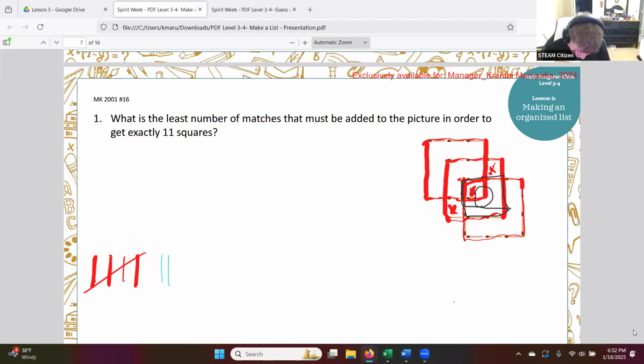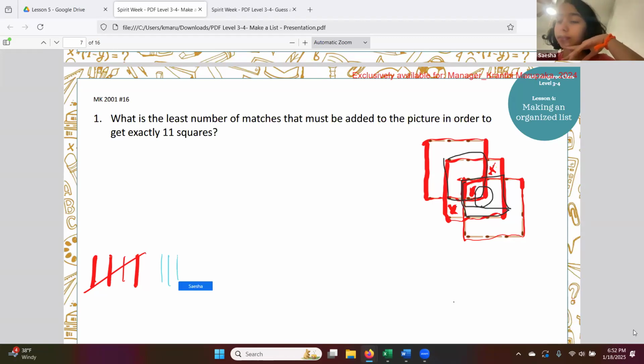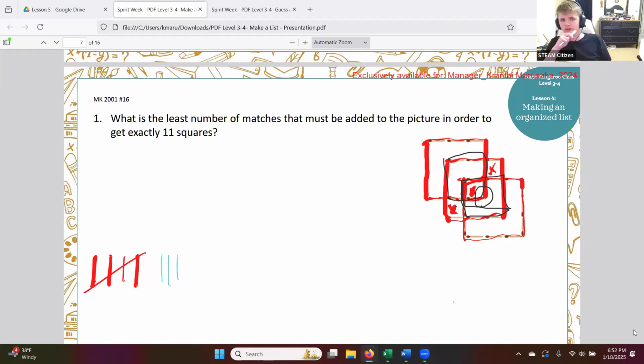All right. If there's one on that side, do you think there's going to be one on the other side as well? Yeah, like over here. Right, so that's 8 squares. And how many more squares do you need? We need 3 more squares.